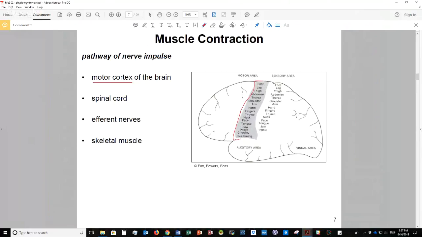But you can imagine this signal will leave the cortex and travel down the spinal cord through efferent nerves. So any signal going away from the cortex towards muscles will use efferent nerves rather than afferent. We'll see a little slide on that in just a minute. And then it ends up in our skeletal muscle.